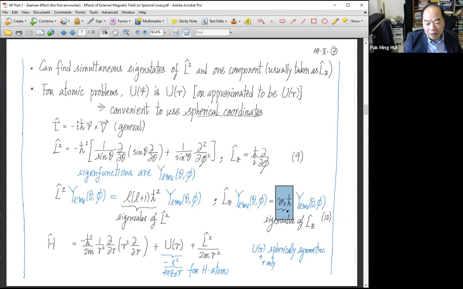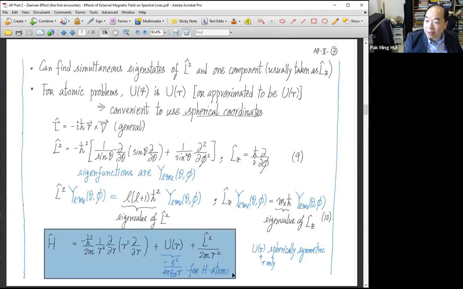Okay? And the radial part can be solved by using this Hamiltonian. So this is the Hamiltonian with r, theta, phi hidden here. This is the Hamiltonian written in spherical coordinates. Okay?